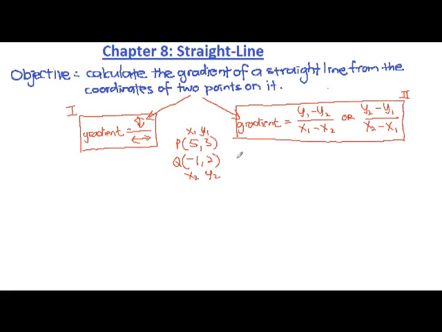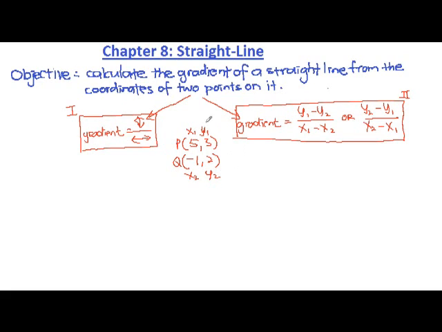For instance, P and Q are 2 points on a straight line, and in order to find the gradient, I just need to assign x1 and y1 as the coordinate of P, and x2, y2 as the coordinate of Q. And please remember that the point that is to be assigned as x1 and y1 does not matter.